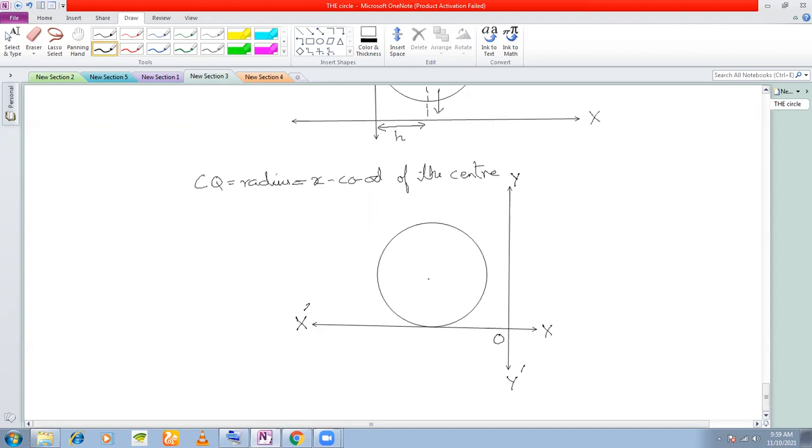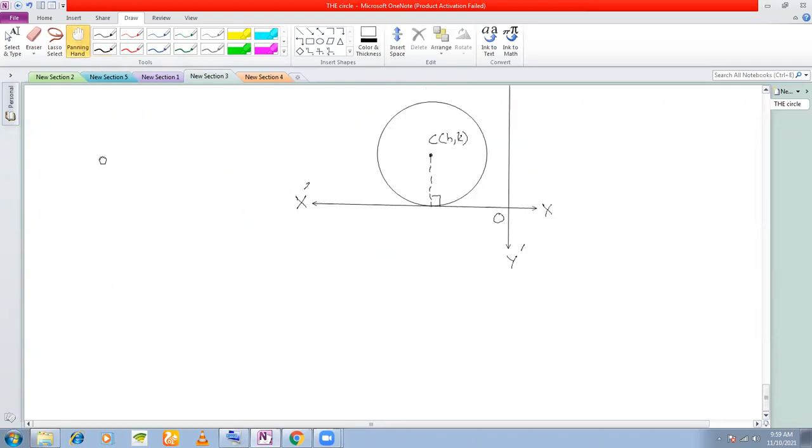Now here, let us say the center is H, K. In this case, if you drop a perpendicular here, in fact, what can you say about the x-axis? X-axis is actually a tangent to the circle, right? X-axis here is a tangent to the circle. So in this case, what can you say about the radius? Radius is equal to, this time, radius is this length, right? And what is this length? This length is k, which is nothing but the y coordinate of the center. Radius must be equal to y coordinate of the center.